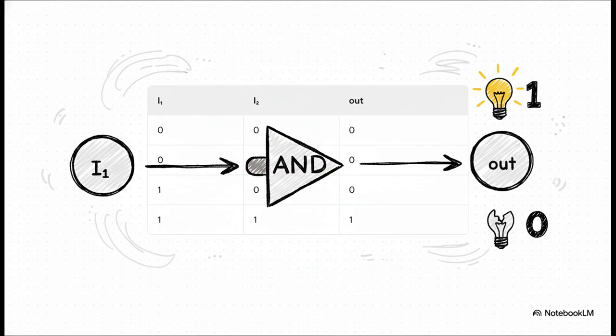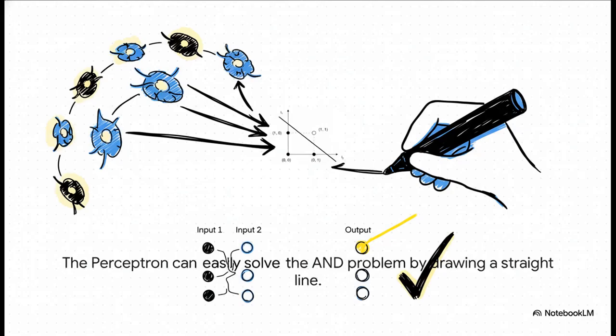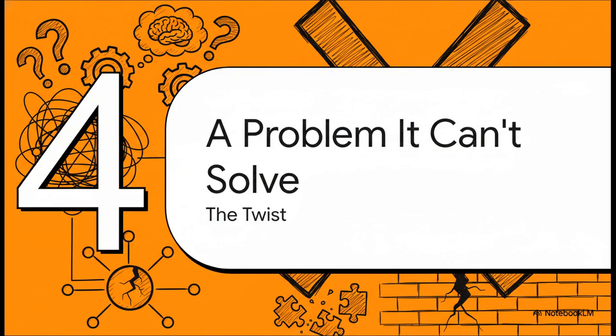So can our little line drawer learn this rule? And yes, it absolutely can. Check it out. If we plop these 4 possible outcomes on a graph, the perceptron has no trouble at all drawing one single straight line to separate the one true answer from the 3 false ones. Easy. Problem solved.